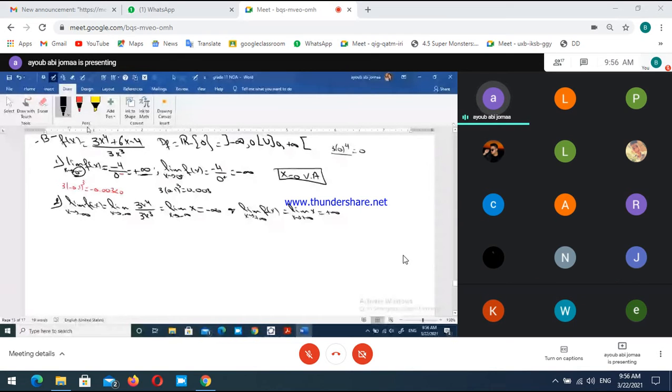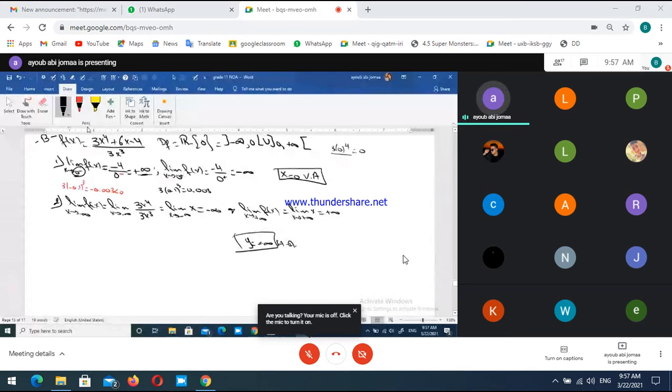Infinity is not a number, so no horizontal asymptote. If a student writes y equals positive infinity is a horizontal asymptote, why? Can you draw this line?